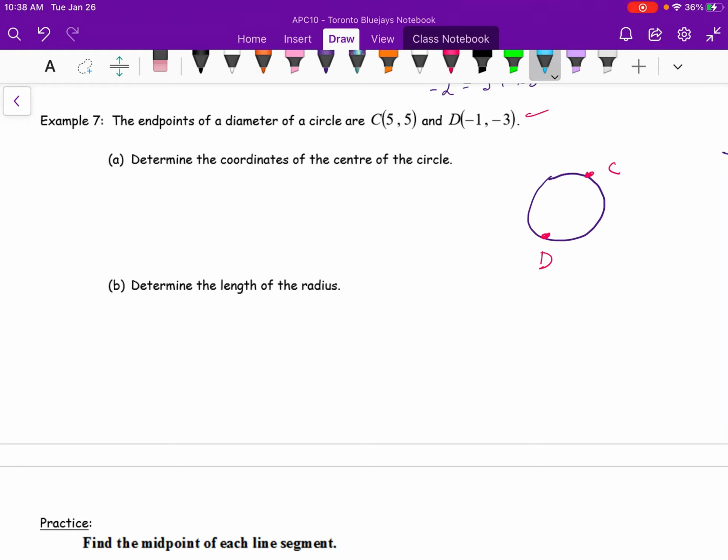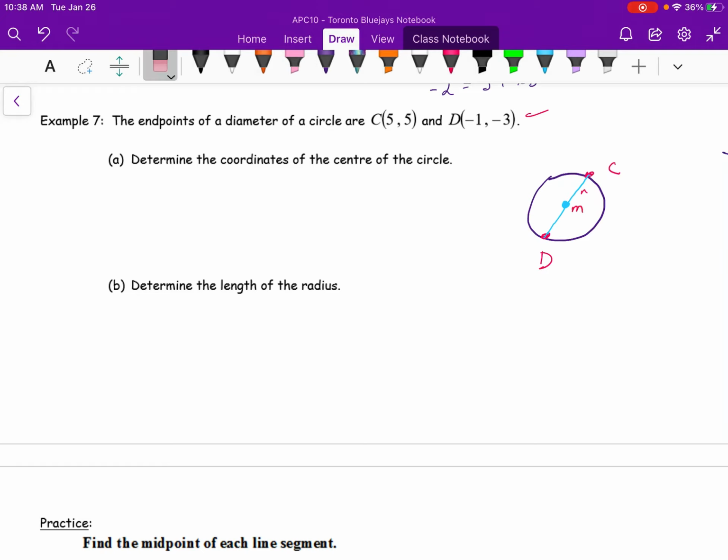What is true about the diameter? Well, the diameter goes through the middle, right? And if the diameter covers the whole distance, the radius then is going to be half the distance. So if I have 2 points that are the endpoints of the diameter, the center of this circle would be, well, what's exactly in the middle?